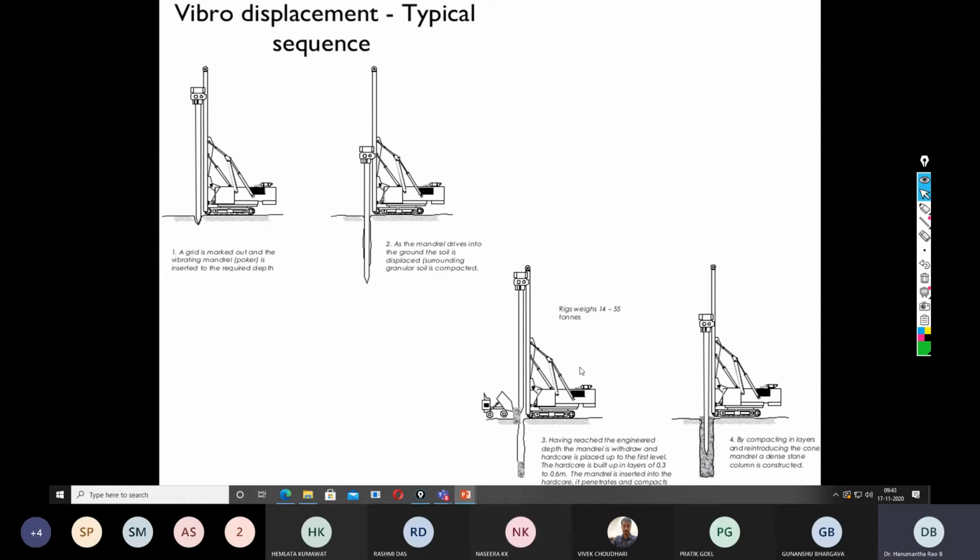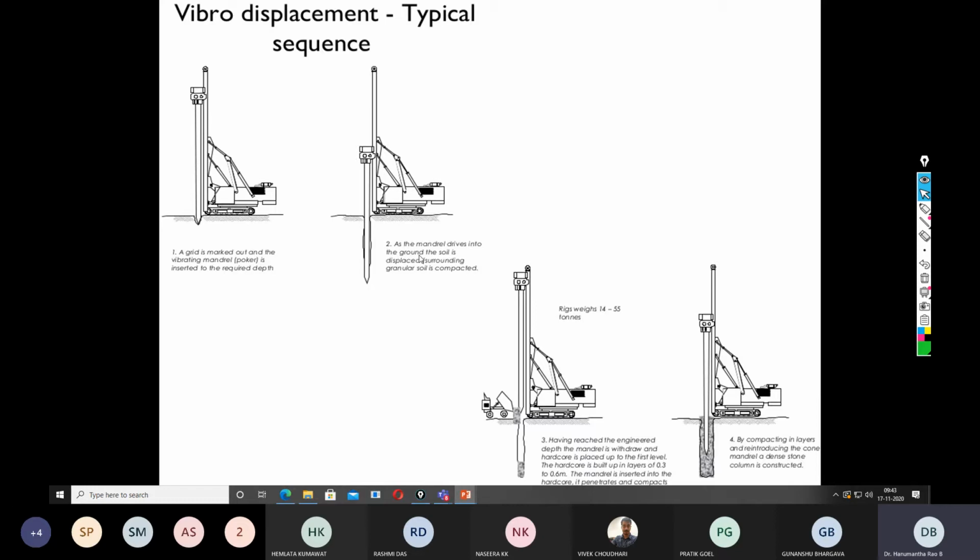So these are the different steps in the vibroflotation. The first step is preparation of the ground and driving of a vibrofloat. So driving of a vibrofloat, this is also called a mandrel. So in step 1, a grid is marked out and the vibrating mandrel is inserted into the ground to the desired depth.